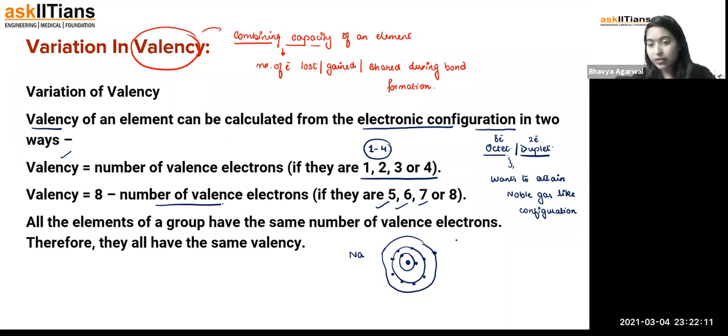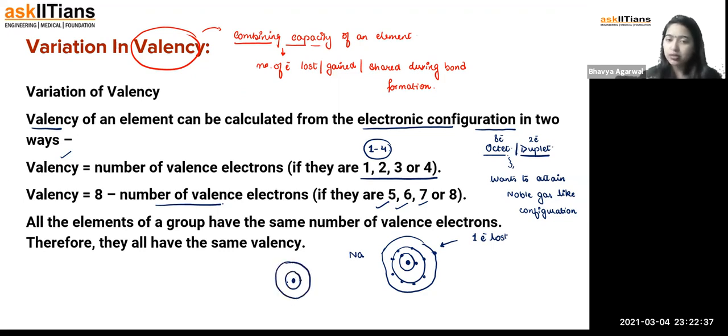Now, if you want to have a complete outermost shell, there are 2 ways. One way is if I remove 1 electron. In case I remove 1 electron, this entire shell is lost, and what we are left with is only 2 shells.